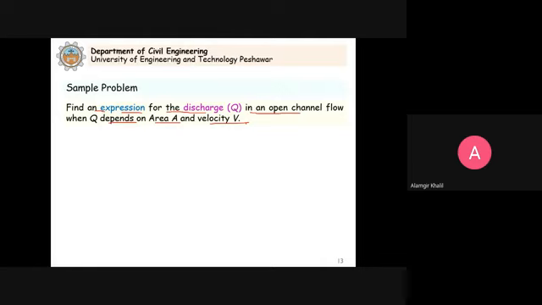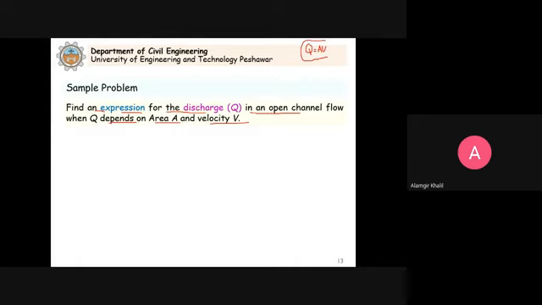Now assume that we do not know the functional relationship. Actually, we know the relationship because you already studied that Q is equal to AV. You already know this. Clear? But let us assume that we don't know the relationship between these, and the theory is not sufficient to develop this formula.